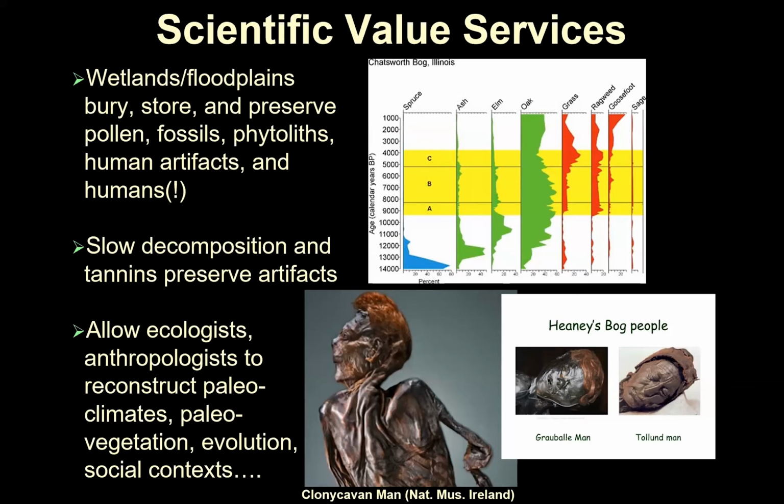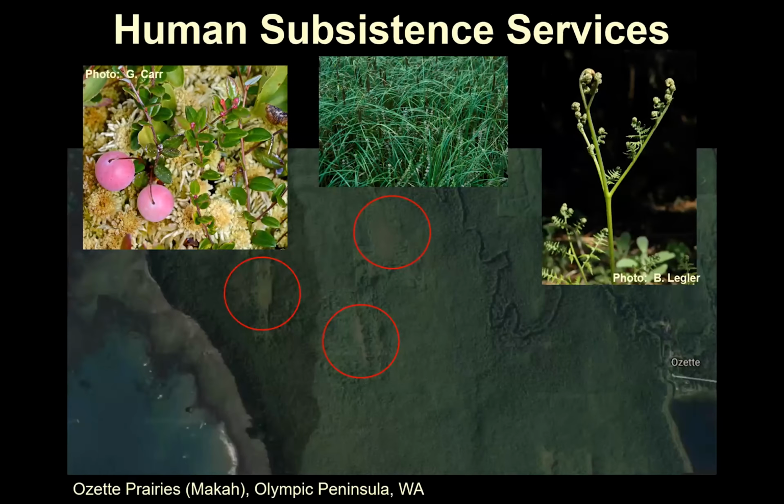These wetlands have been used to gather really interesting and sometimes critical information for understanding how people lived prior to historical records. They've created paleoclimate records from this information. We understand the evolution of organisms and the social context of both human and other organisms just through the study of artifacts that are contained in wetlands.